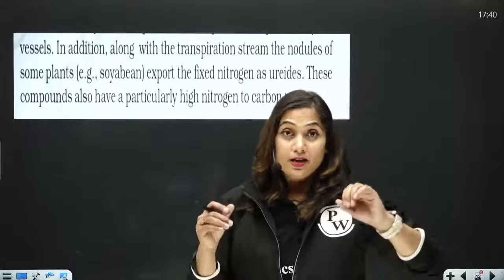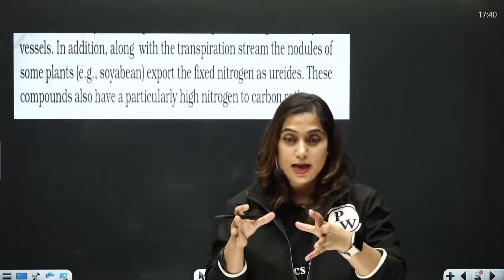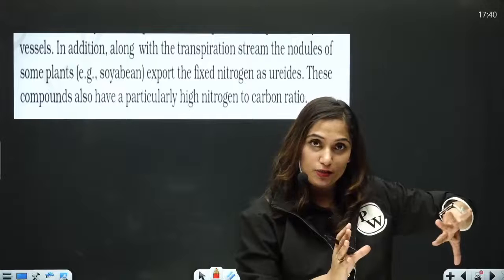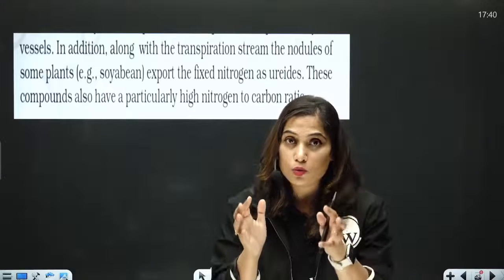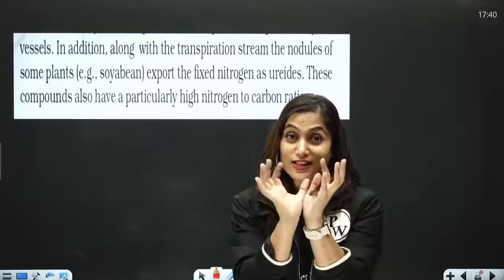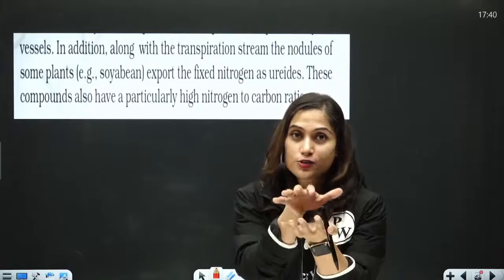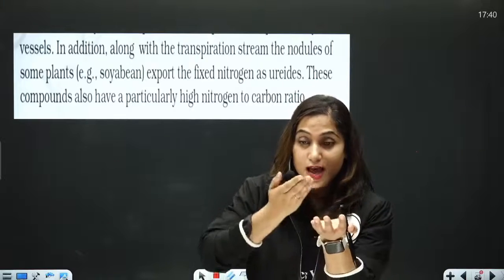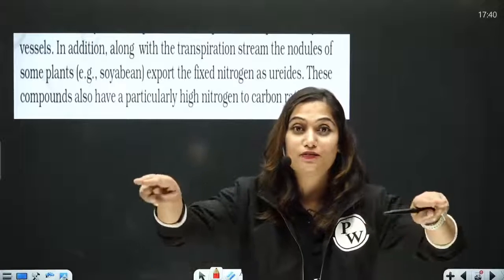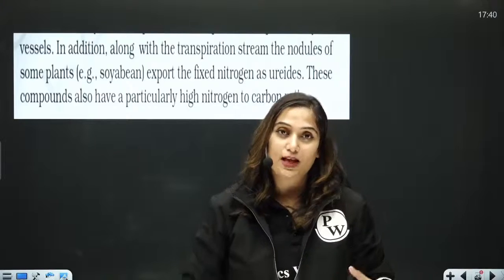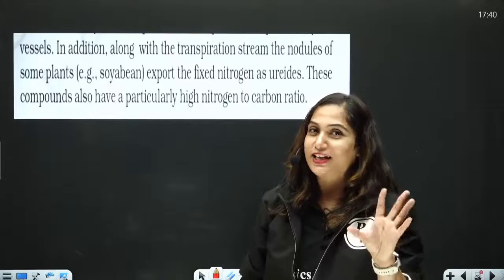And if the nitrogen has to be exported from the nodules, because in the leguminous plants most of the nitrogen is present inside the nodules, so if this nitrogen has to be exported from the nodules to the different parts of the plant, that is done with the help of urides. Urides are nitrogen containing compounds.